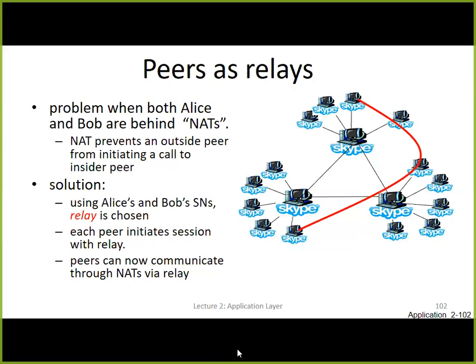My client is instructed to open up a connection through some supernode on the Skype infrastructure. So say Alice is told to open up a connection to supernode 15, and Bob also opens up a connection to supernode 15, and then their call gets routed through there. Make sense? Yes, it's going to be like a relay node there.